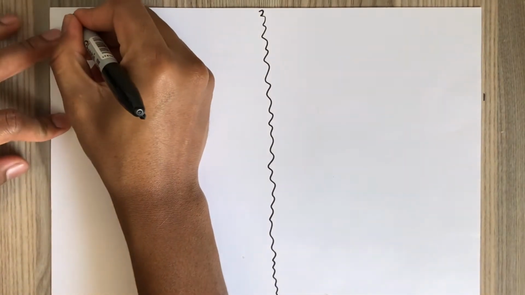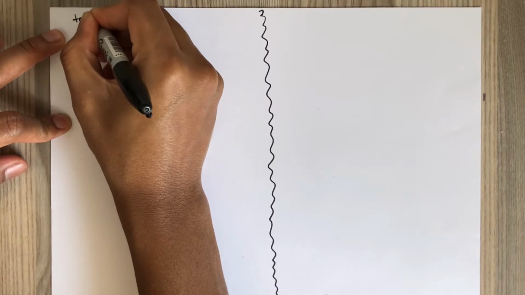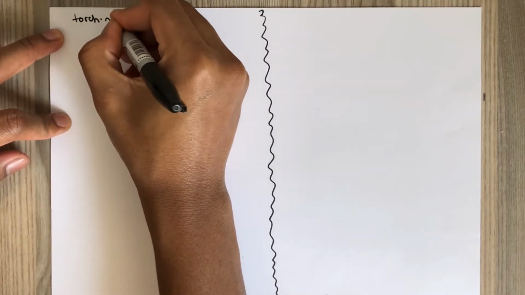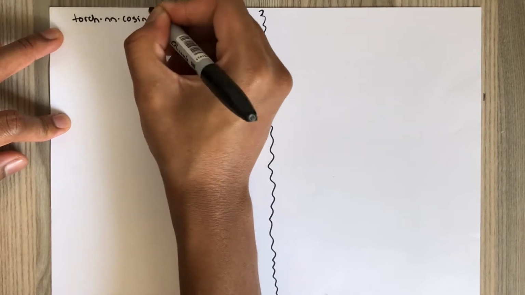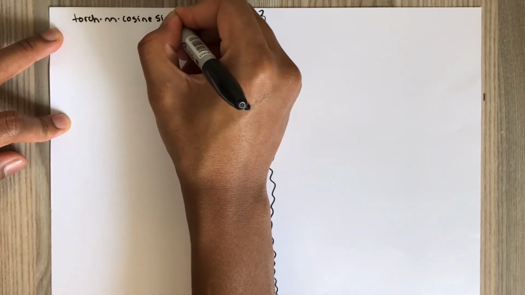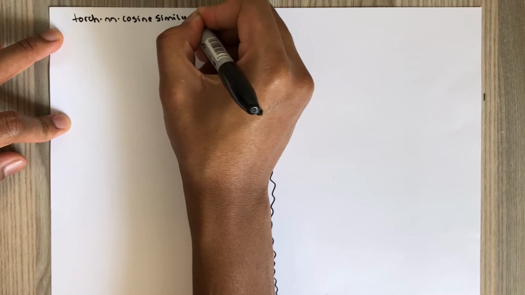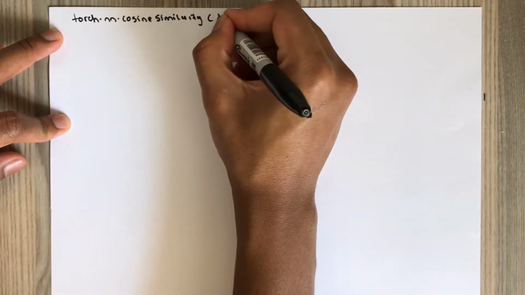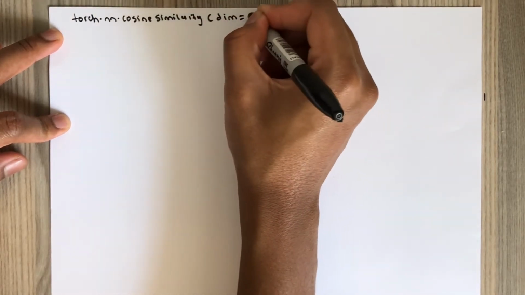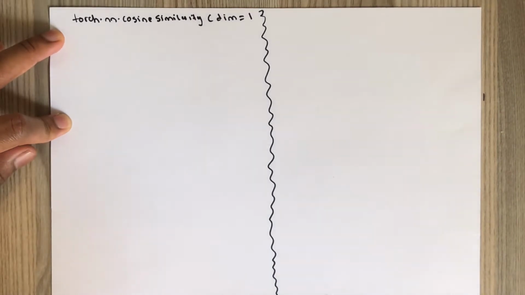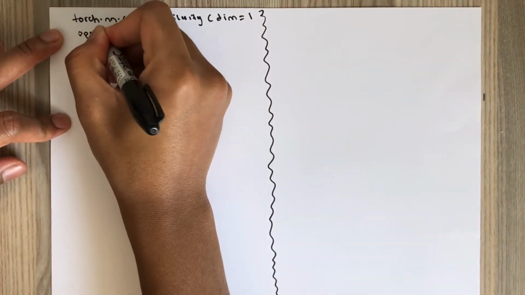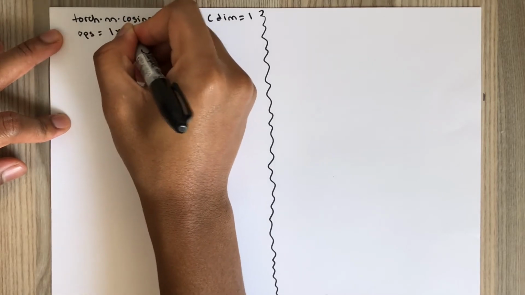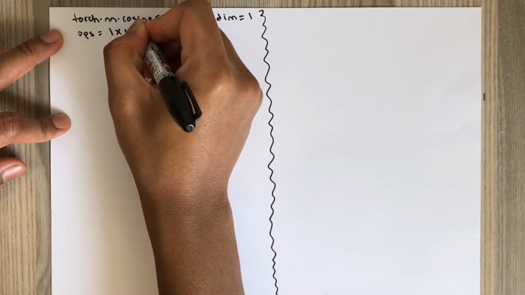We will look at torch.nn.CosineSimilarity, which takes in the dimension at which you make your computations, and also this parameter epsilon, which we set to this.